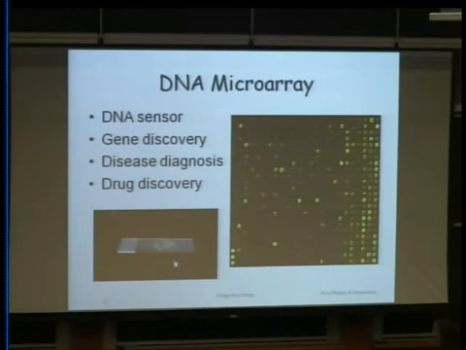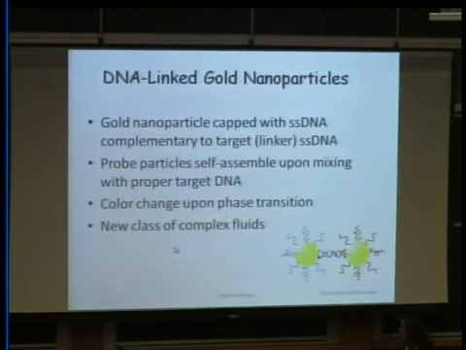Okay, so we rely on DNA hybridization, which is the DNA base pairing. So we look at the colloidal particles with the DNA attached to them. The blue and red, if the DNA sequences are not complementary, they will not form a double helix, which is called hybridization.